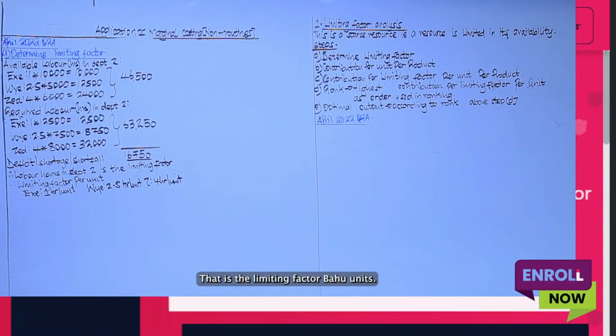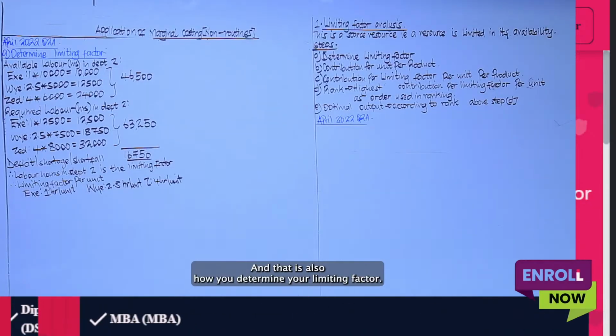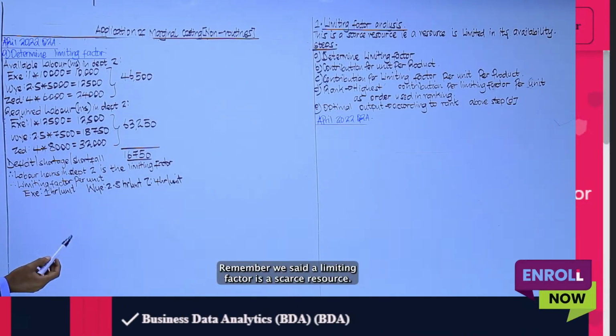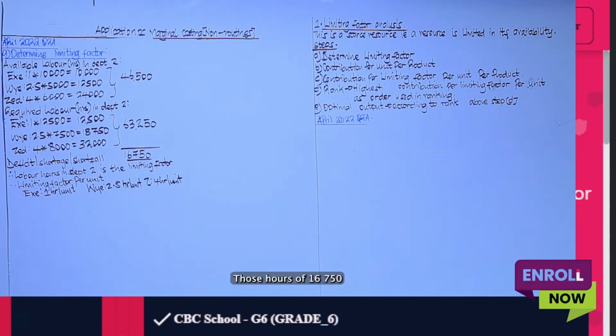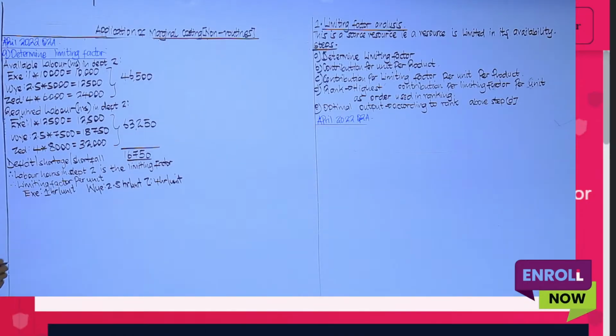That is the limiting factor per unit. And that is also how you determine your limiting factor. Remember, we said a limiting factor is a scarce resource. Those hours of 16,750 represent the scarce hours you don't have.